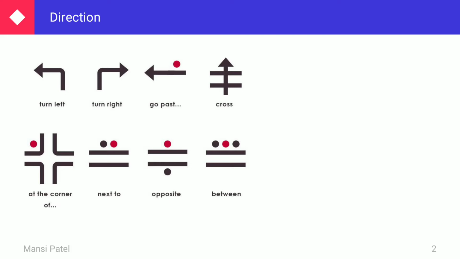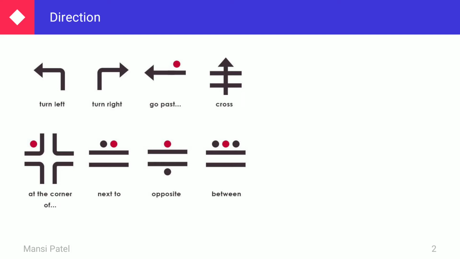Now something here at the corner, like this, like this, like this and like this, then you use the words at the corner. If we are here and the place where we have to go is just next to a shop, then you use the words next to.